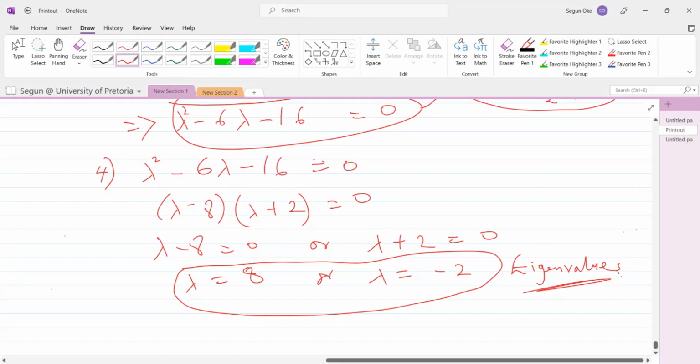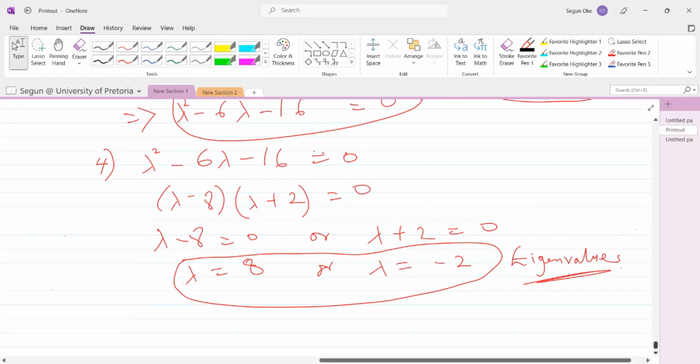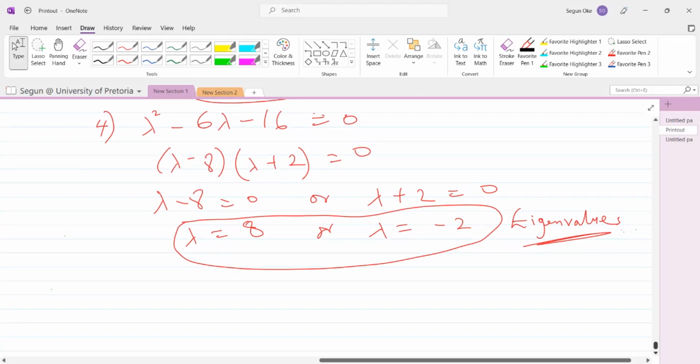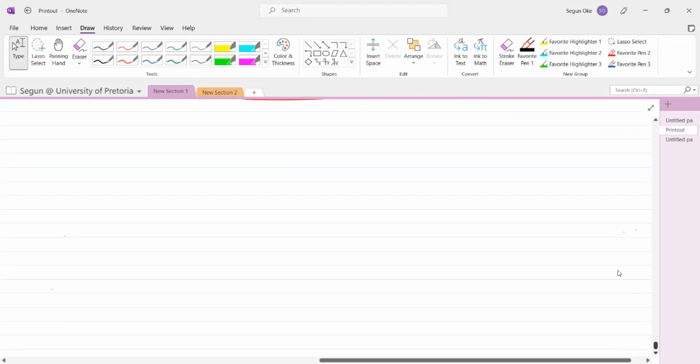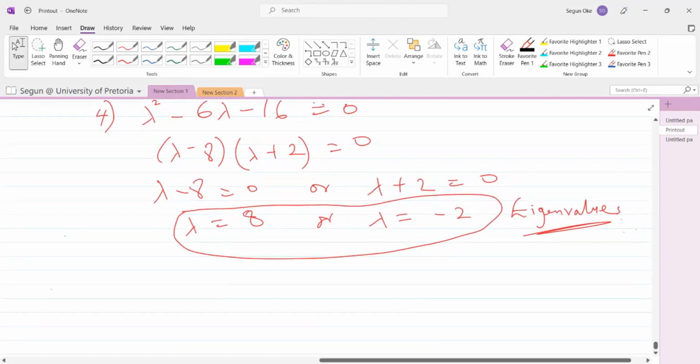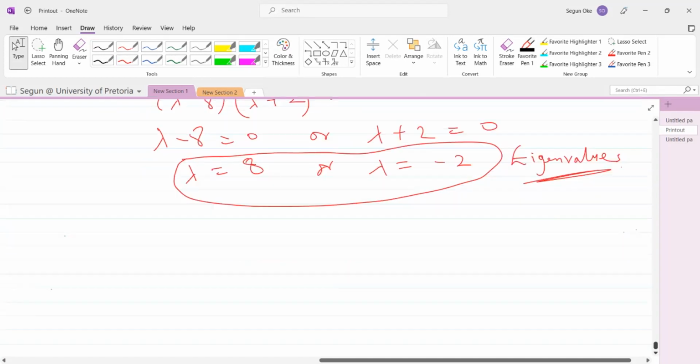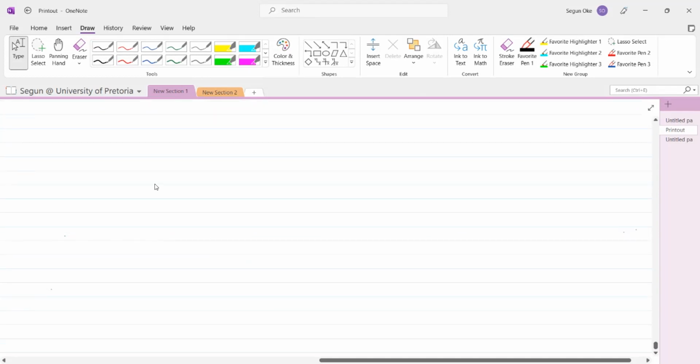Now, how do we get the eigenvector? Remember the question says, calculate your eigenvalue and eigenvector. So our eigenvalue is here. Now let's move on to eigenvector. We go back to our original equation. We have step 5 now.